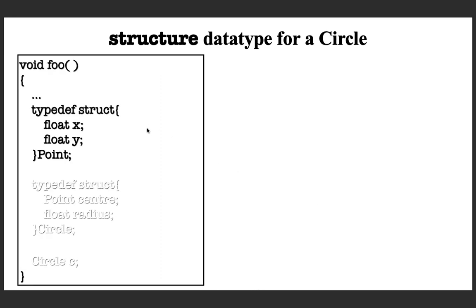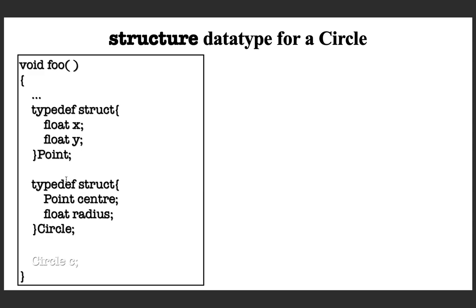Here it is. Look at this particular function foo, within which I am defining a new data type, point, using typedef. Point is a compound data object with two fields x and y. Okay, and then I am defining another compound data type called circle.